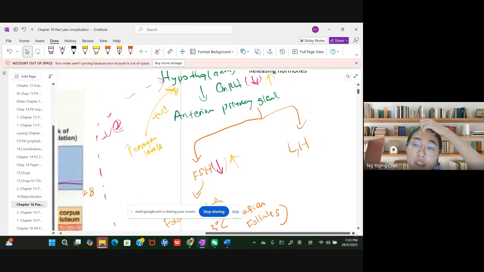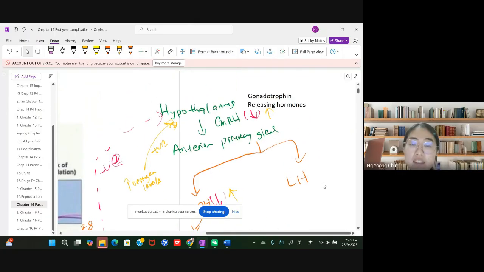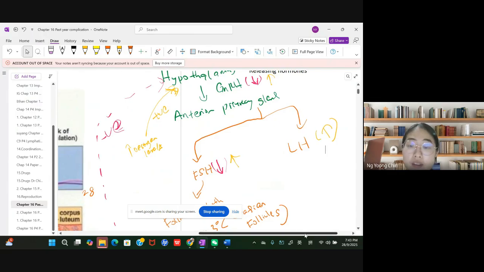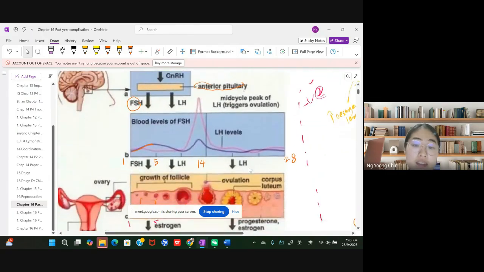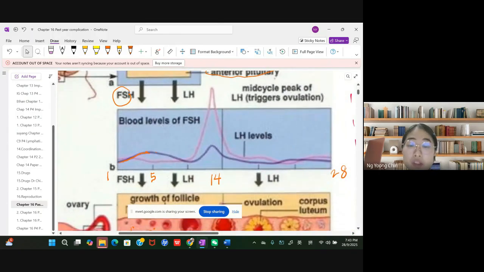So when the GnRH gives a positive feedback on the FSH and LH, it means the hypothalamus will secrete more GnRH, and the GnRH will stimulate the pituitary gland to secrete more LH and more FSH. Both increase in level. So that's why on day 14 you can see they are in surge. Surge means a sudden increase of the FSH and LH, which just reach their peak.